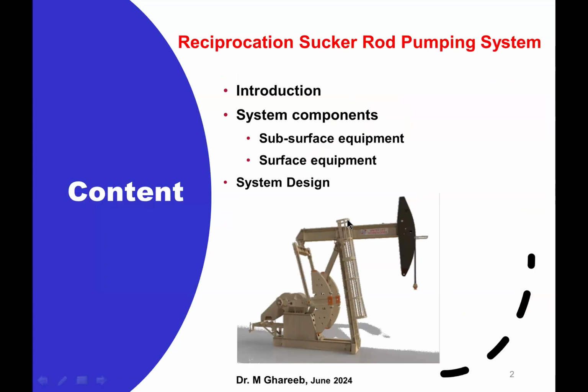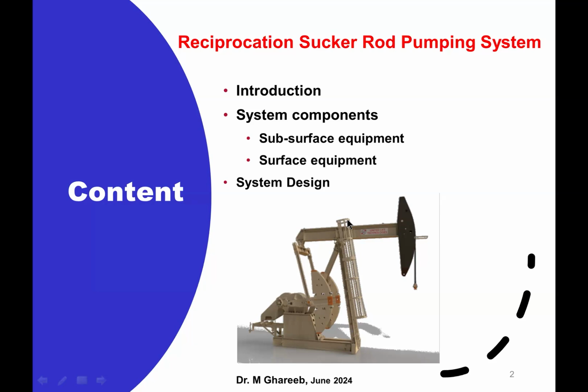We try to show you how a system that was only used to lift fluid from just 1 meter, 2 meters, is currently used to lift fluid from 3,000 meters, or we can say 17,000 feet, and so on.